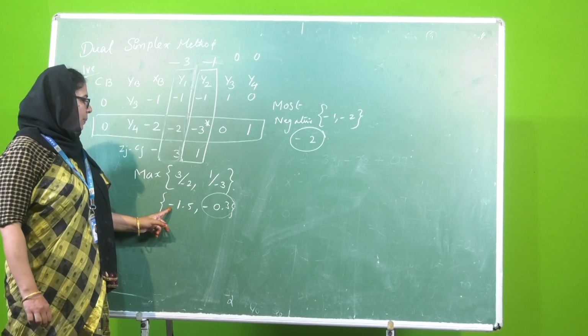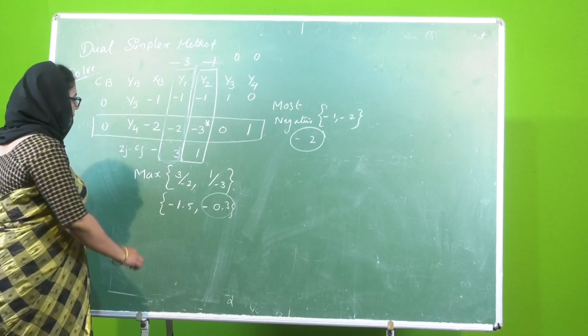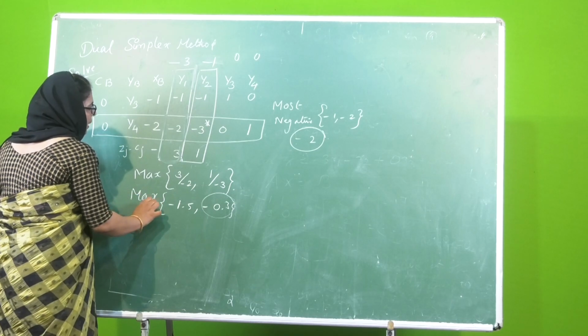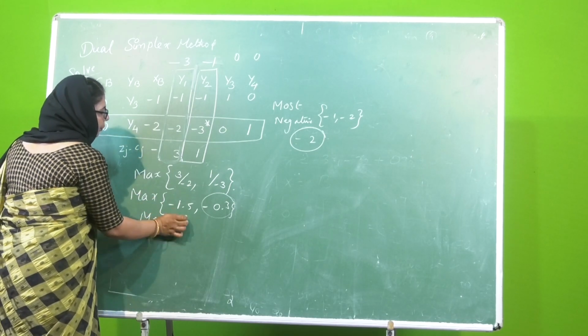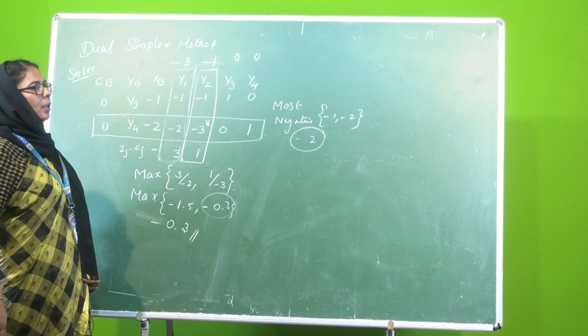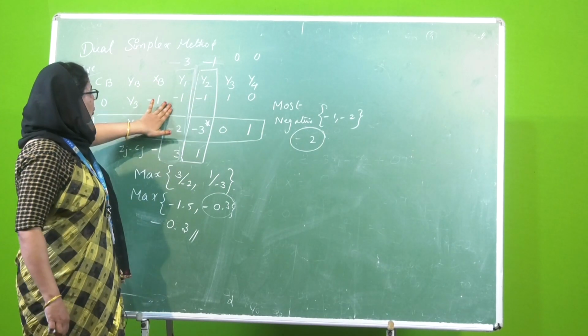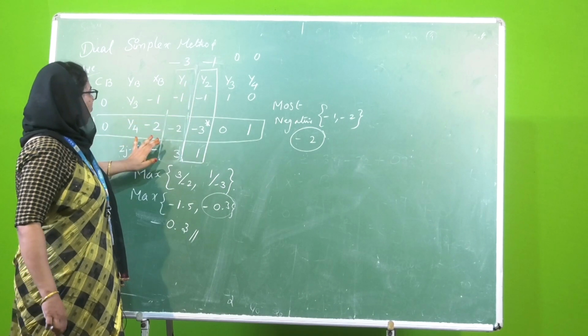Minus 3 by 2 is minus 1.5. 1 by 3 is minus 0.3. So the maximum value is minus 0.3. So you have to choose the Y2 column.